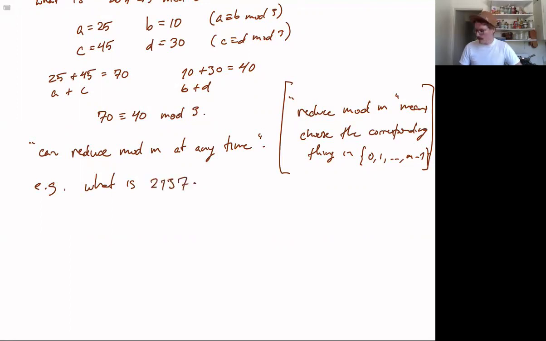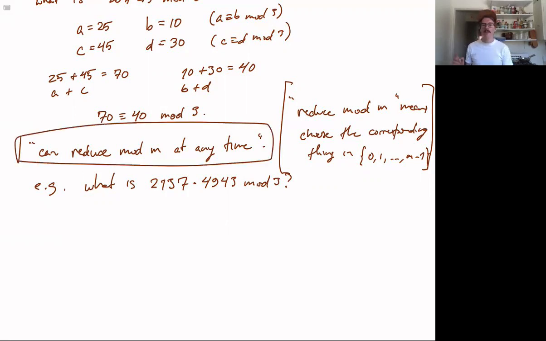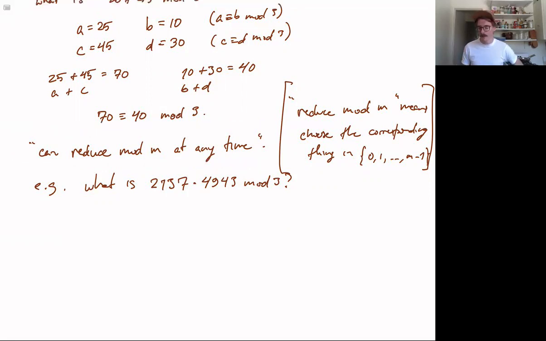This thing times, so here are two big numbers. What is their product mod 3? So the point of this slogan is that we don't have to multiply them and then reduce mod 3. We can reduce mod 3 first and then multiply them, and we'll still get the same answer either way we do it.